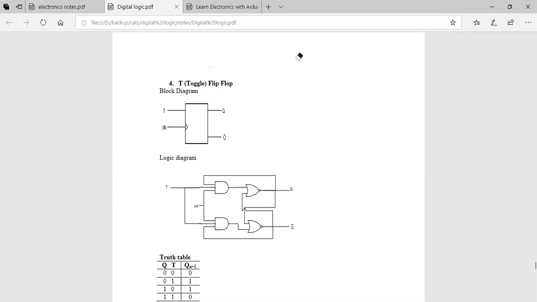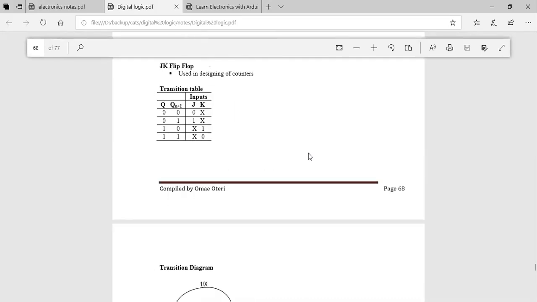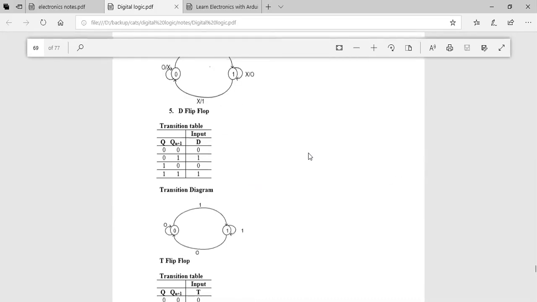Maybe if you want to buy something and it's automated, they actually use what we call state machines, and the flip-flops are the ones which are used to develop them. So you can see they have very many applications, including the registers and the counters that we are going to talk about. And that's what comes next.